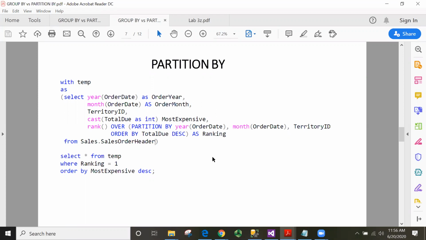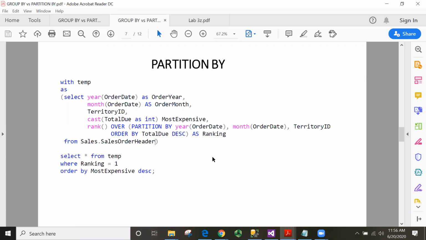You use a rank, and you do the ranking within a common table expression. Once all of your records have been ranked, then you just use the common table expression as a regular table, and then you select top 1. I'm sorry, you select ranking equals 1. Just keep this in mind, okay?